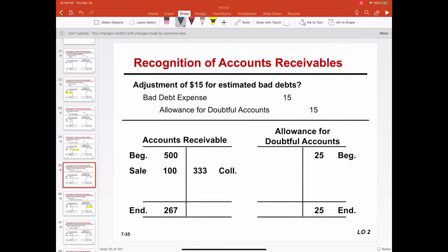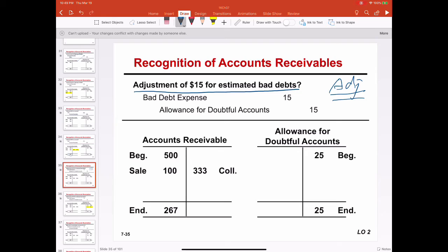The next one is recognize the bad debt expense. We call it an adjustment for the estimated bad debt expense. First, this is an adjustment. It implies this is an adjusting journal entry, which is made at the end of each accounting cycle.